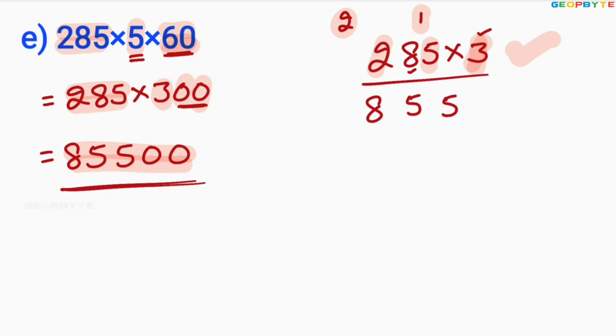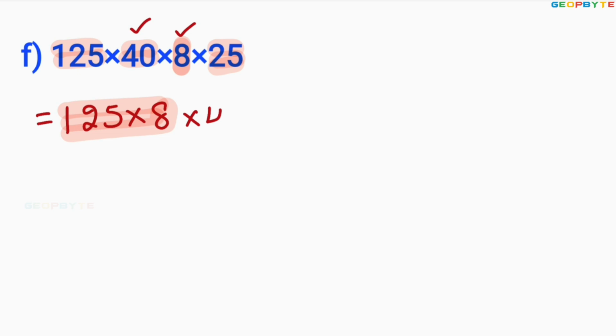Similarly, the bit F is, look at the bit F, 125 multiplied by 40 multiplied by 8 multiplied by 25. I am going to rearrange like this. 125 multiplied by this 8. Why I wrote like this is 125 multiplied by 8 is 1000 into 40 into 25.